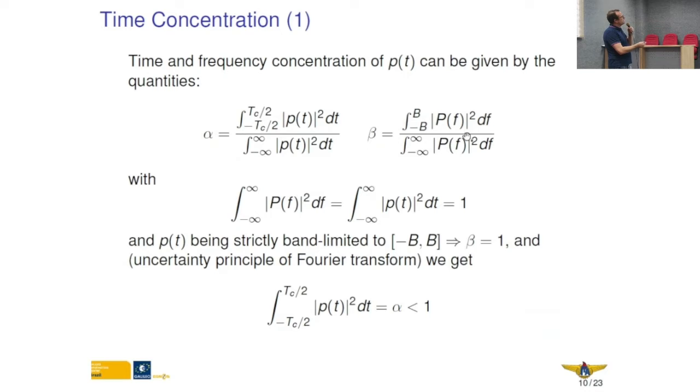So we have the energy or power, because we have here this normalization, then this is also power. The power of the chip pulse shape inside the desired bandwidth and outside. In our case, we will only consider strictly band limited signals, so from -b to b.